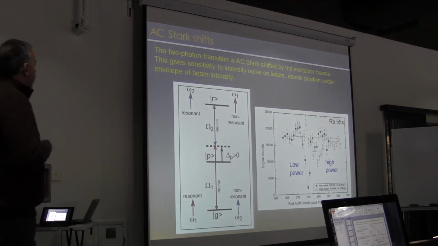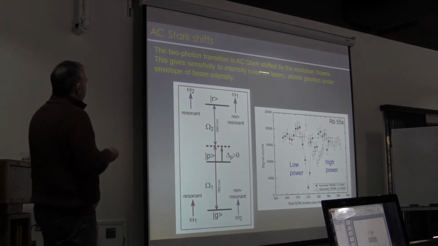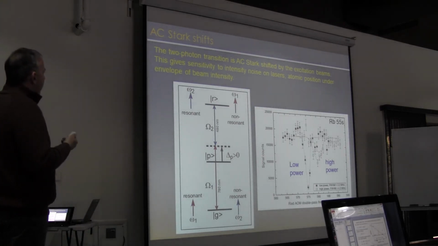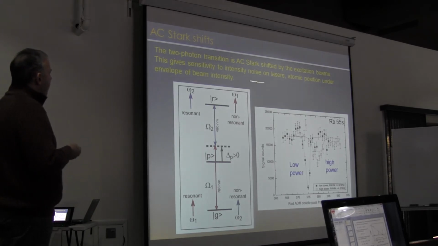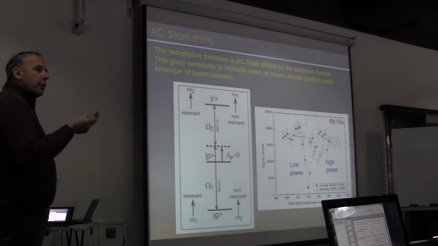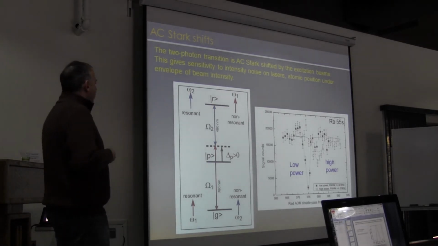There's also the issue of AC Stark shifts. So the two-photon transition is AC Stark shifted by the excitation beams, and that AC Stark shift is sensitive to intensity noise on the lasers and also the atomic position under the spatial profile of the envelope of the beam intensity.